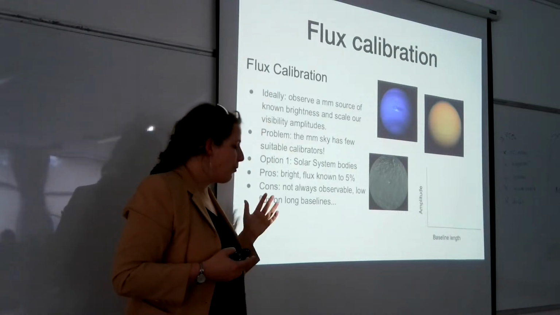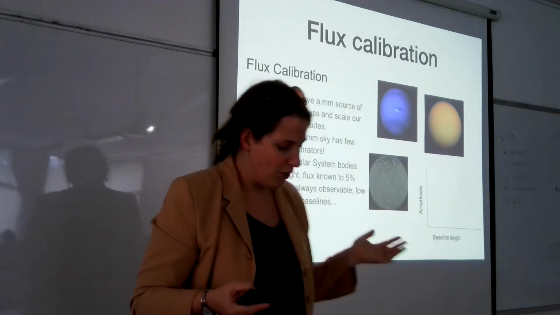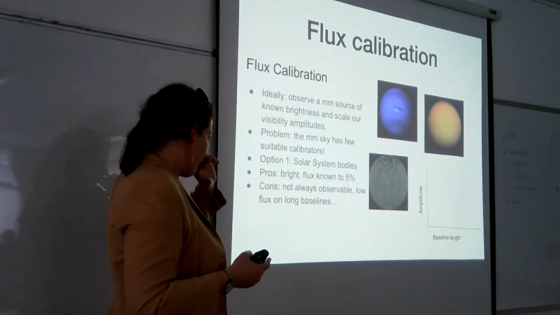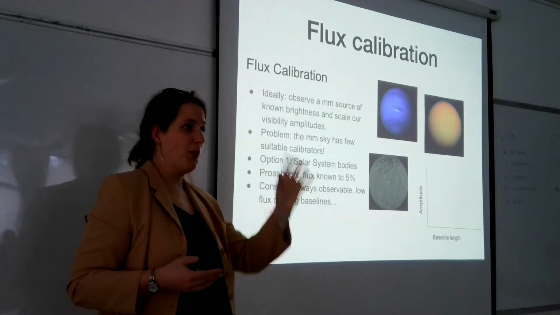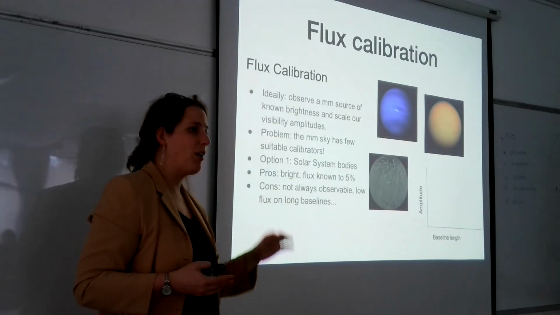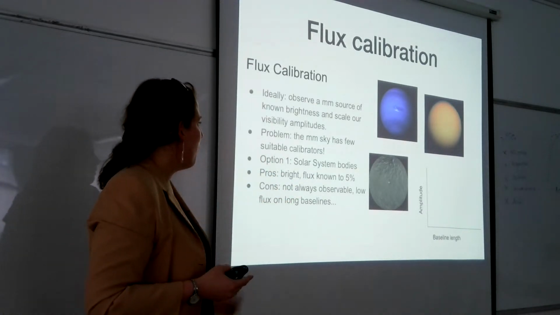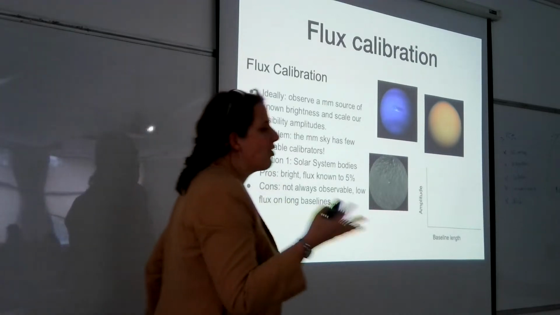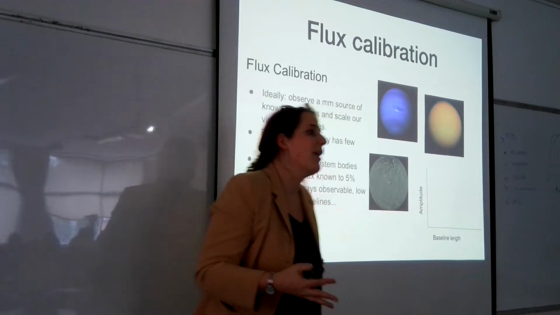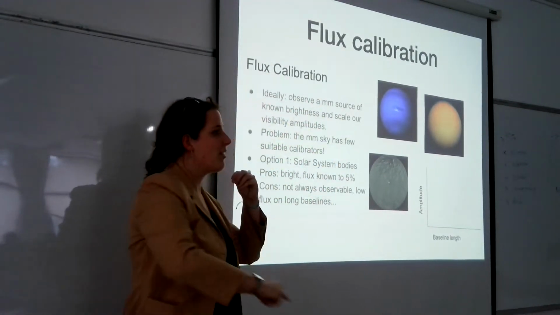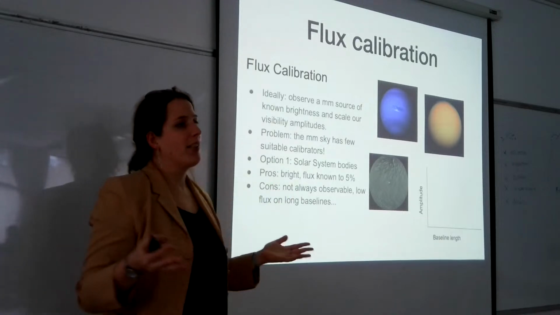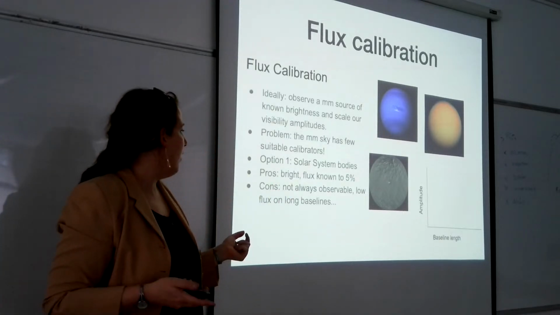The first option, which was done with previous interferometers and also early on nowadays, is to use solar system bodies, in particular moons around other planets in the solar system, maybe some asteroids. The reason for that is that the fluxes of these objects are known very well. We know exactly what the orbits are, we know how far away they are from the Earth at all times, and we know exactly how bright they are.